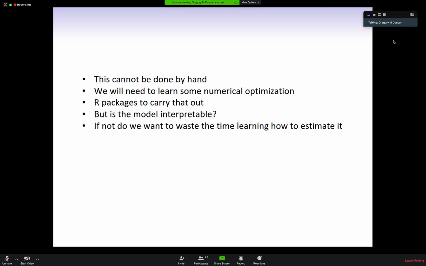If not, do we want to waste time learning how to estimate it? The answer may be yes. There may be reasons to learn, but for right now, we want to know, is this interpretable? Because while it's more flexible than the constant, it's less flexible than k nearest neighbor. So do we want to waste time learning how to estimate it?